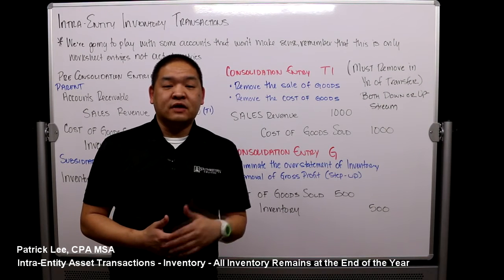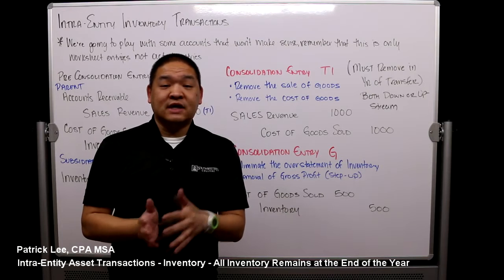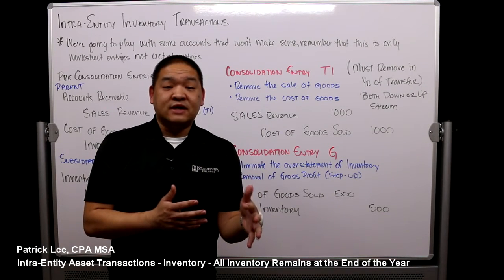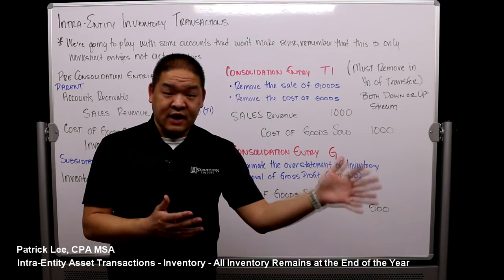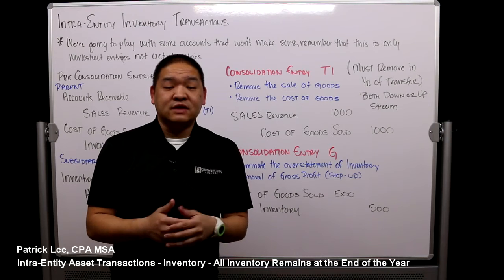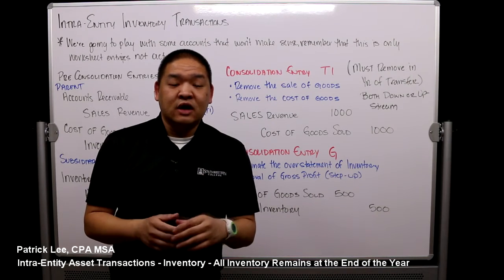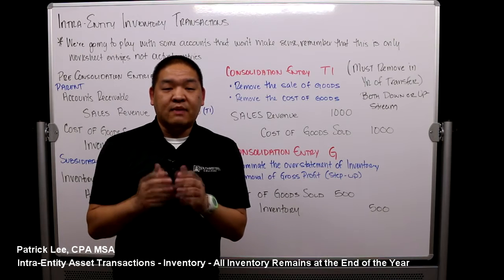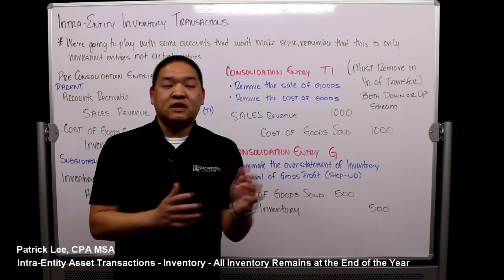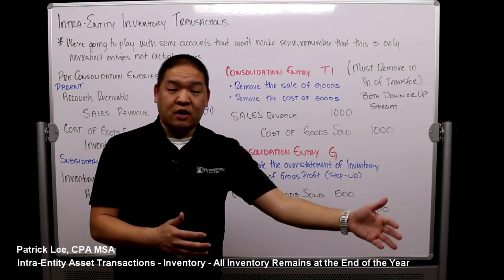This is going to differ in the next video, in which we're going to talk about a situation where the parent sells the subsidiary inventory, and then that subsidiary sells, let's say, 60% of that inventory, which means there are still 40% left in the subsidiary, and we're going to need to back out a percentage of profits. So again, in this video, we're going to talk as if the subsidiary has purchased it, but at the end of the year, they haven't sold any to a third party.